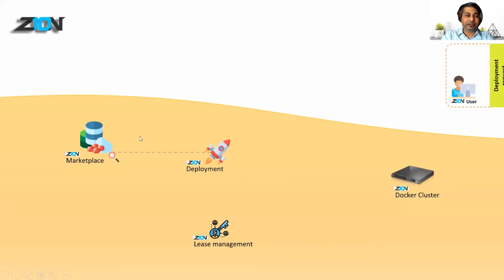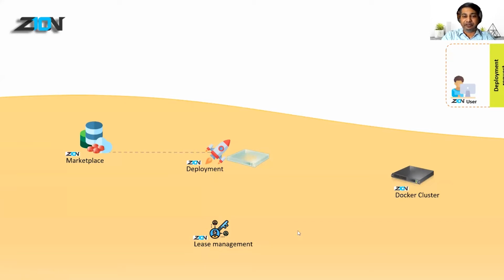So once you've searched and you've been able to find your particular device simulation, we've also introduced something known as lease management. And this is something that we introduced looking at the increase in demands that we are getting for a simulator solution, where people wanted to use it for scale stress kind of scenarios where they wanted these device simulations in thousands.